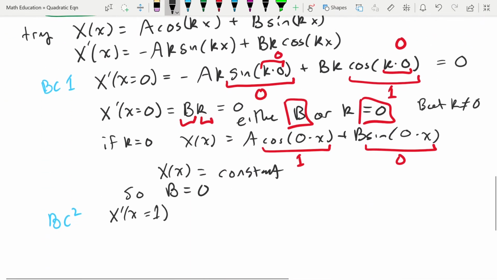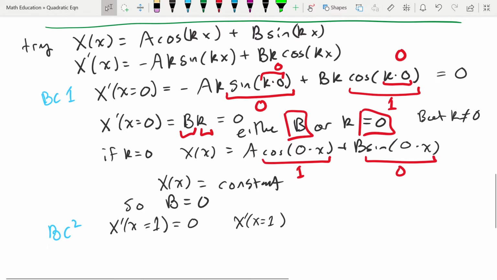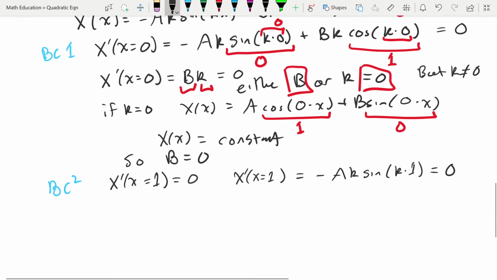BC2, yep, that's what we're doing, x prime of x at x is equal to 1 is equal to 0. So we can now ignore the sine term, and we can just say that that's equal to negative a k sine k times 1 is equal to 0.